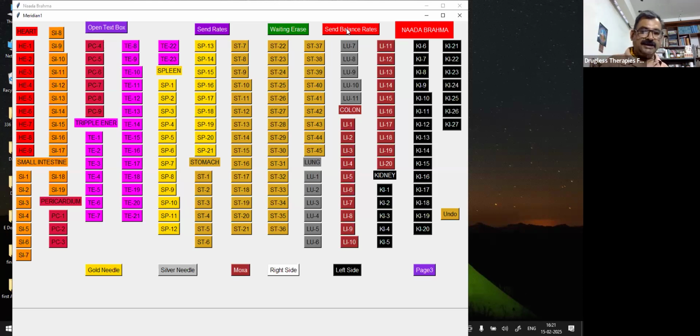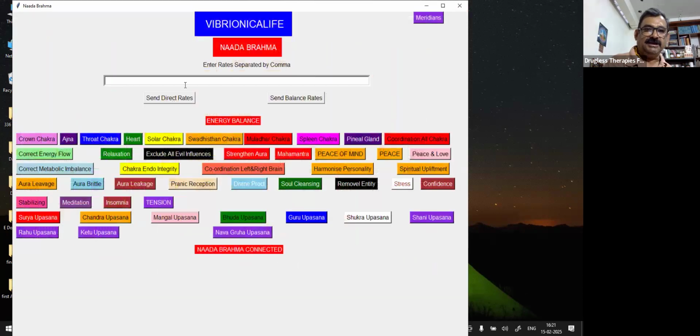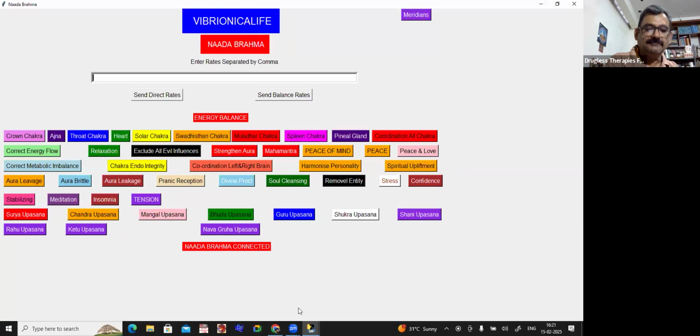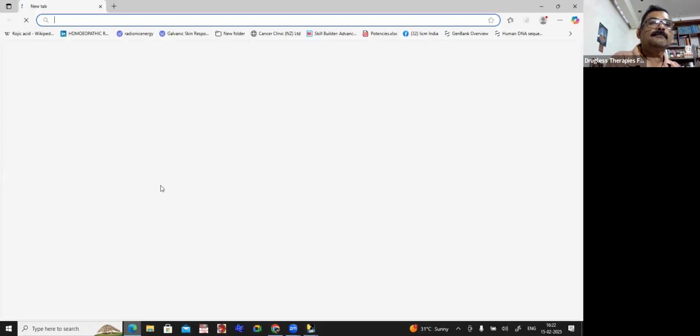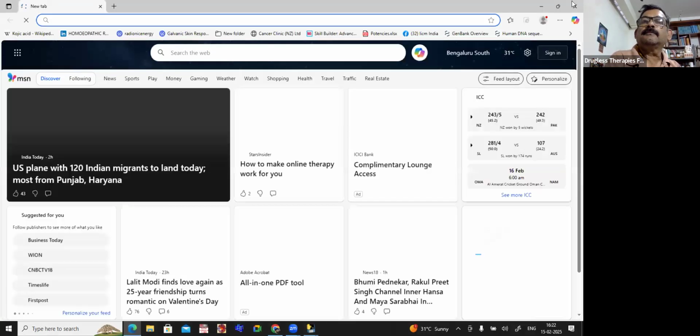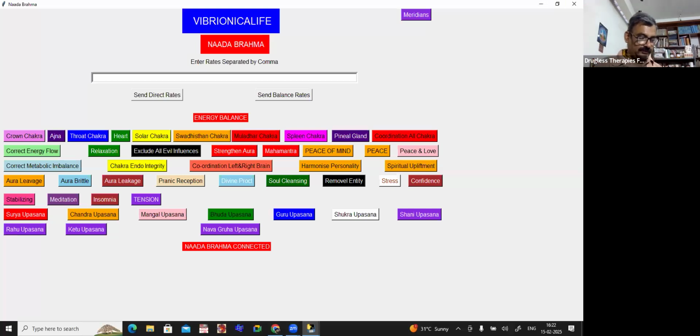So here in the beginning you can feed that particular meridian's number, and you can generate the meridian tune. Okay, meridian tune, we can use the balance mode.